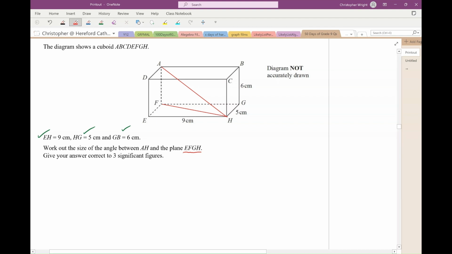I'll call it alpha. I've got to give my answer to 3 significant figures. Well, I've got a right angle triangle there. I'll just complete it here. It is the triangle A down to F, and then along to H.